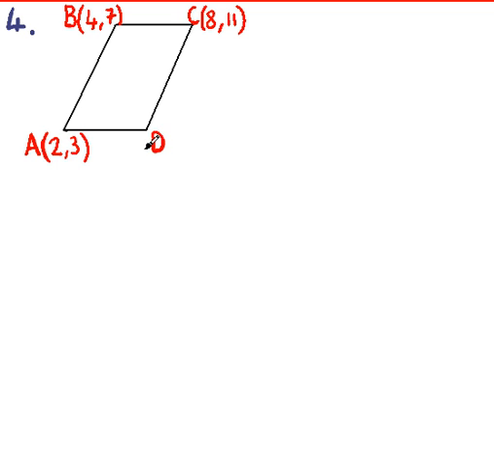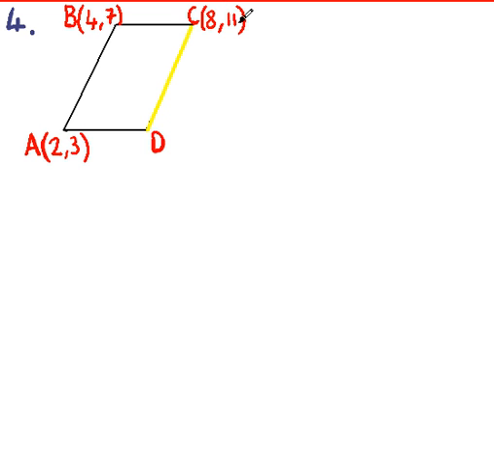The question asks us to find the equation of DC, and that's this straight line here. So first of all, I'll highlight it in yellow. As with any straight line, in order to find the equation, we need to know the gradient of the line, and we also need a point on the line.